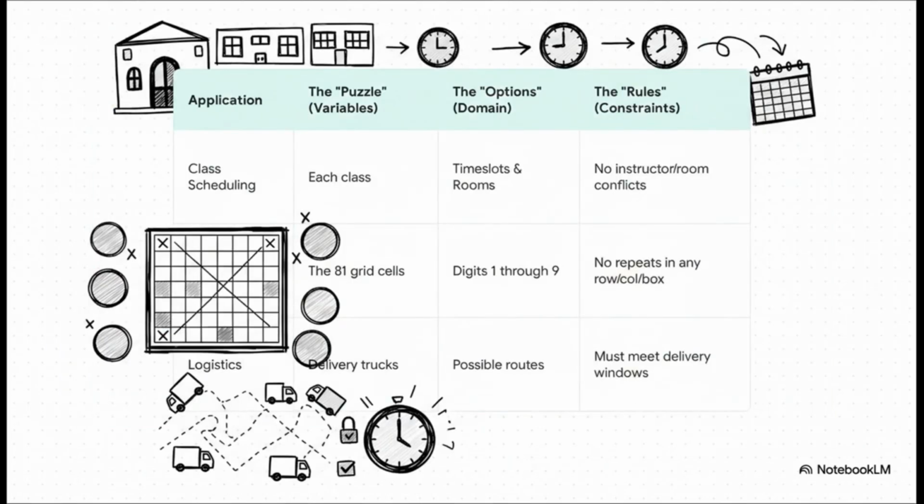And this right here shows you just how versatile this way of thinking is. Scheduling classes at a university, the classes are the variables, the time slots and rooms are the domain, and the constraints are things like no instructor can be in 2 places at once. Sudoku, the cells are the variables, numbers 1 to 9 are the domain, and the constraints are those classic no-repeat rules. Even something like package delivery logistics is just a massive CSP in disguise.